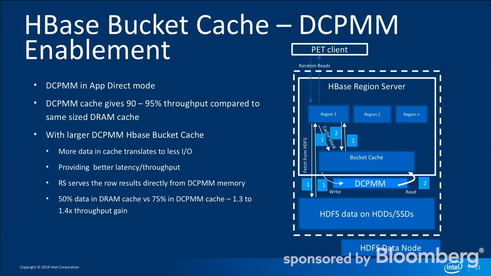Remember that the DIMM sizes are larger. They're much larger than the ones that exist in DRAM in the industry today, 128, 256, and 512, and they're priced to be less than DRAM.